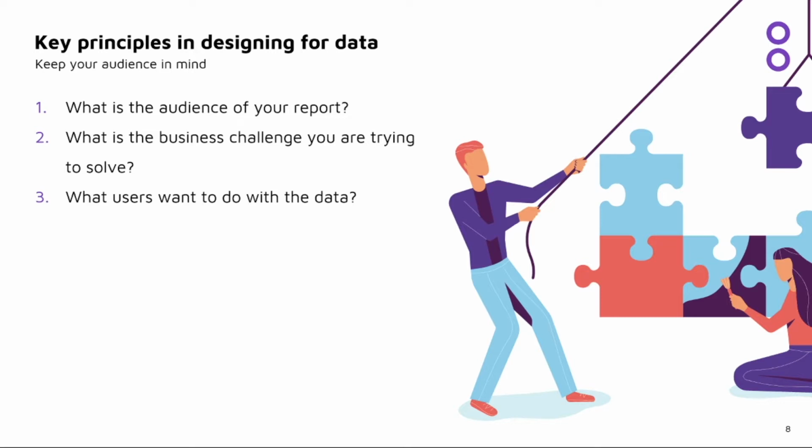Sometimes they need to take decisions based on the data. That's why you need to talk to the users in the first place to get to know them and to know their challenges and the ways they will work with the data. Yeah, and it's not always obvious. So taking your users into the room before you start developing your reports is very important. And in the next slides, we will show you a little bit how to do it.